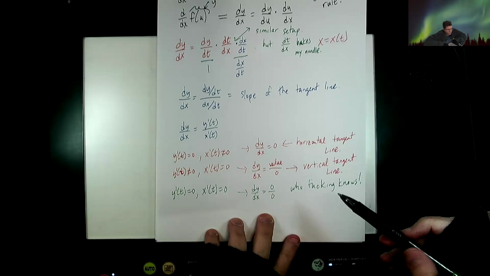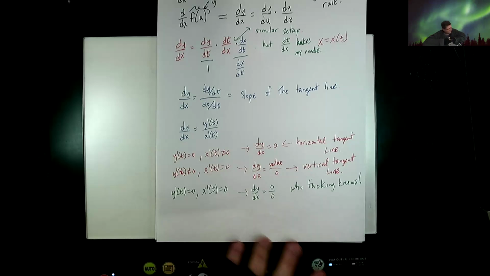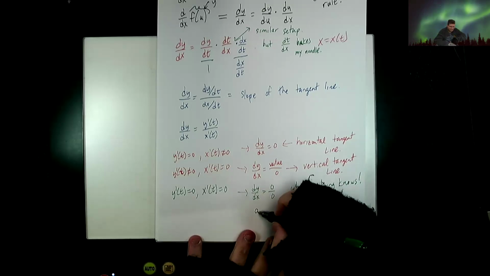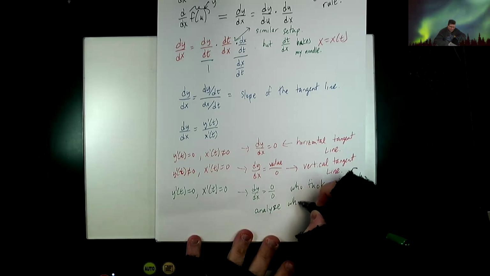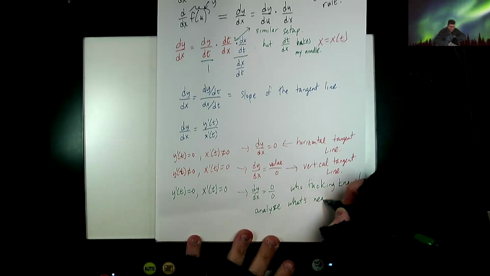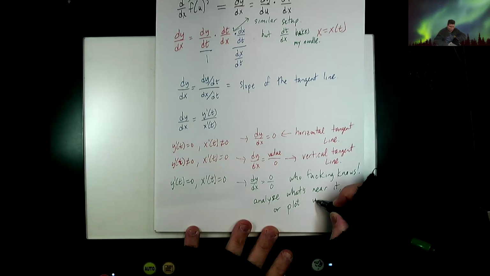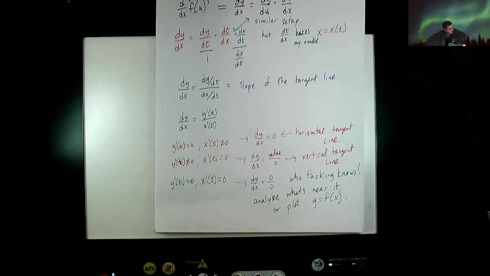We can't just make an assumption of what kind of asymptote it is. Or not asymptote, but what's going on. Then you have to analyze what's going on near it, or plot as y equals f of x, where you might be able to plot it better and see what's going on.